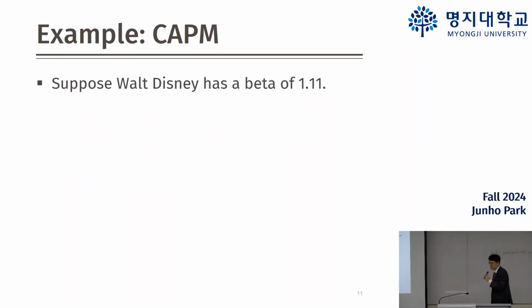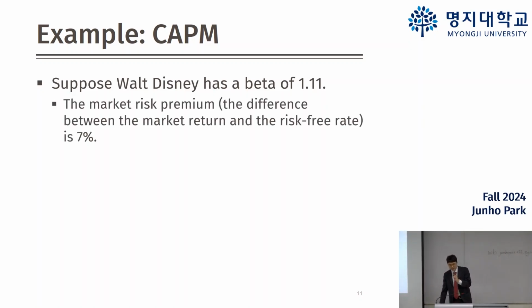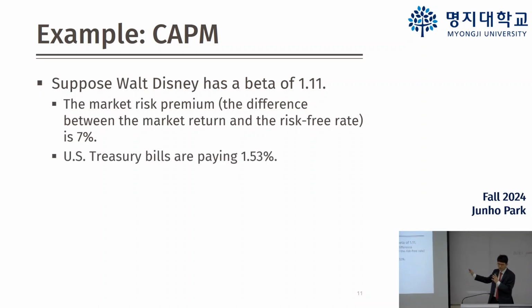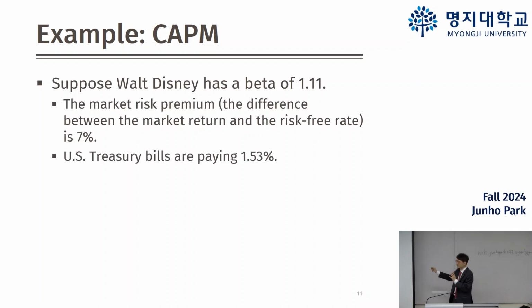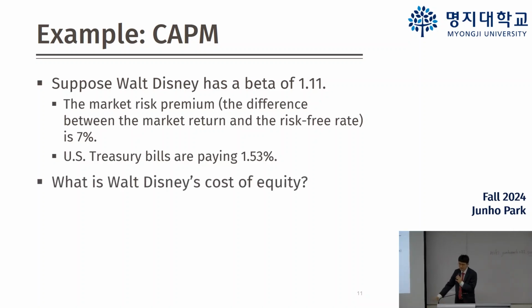For example, let's say Walt Disney has a beta of 1.11, and the market risk premium is given as 7%. And the rate of return from US Treasury bills is 1.53%. Then you can easily calculate Walt Disney's cost of equity following the CAPM.